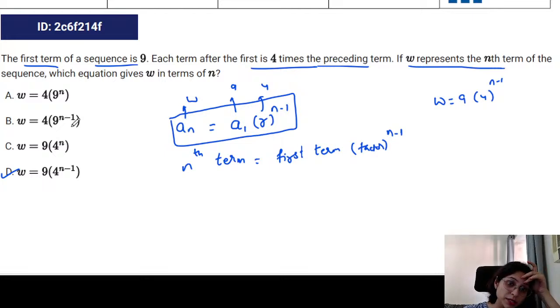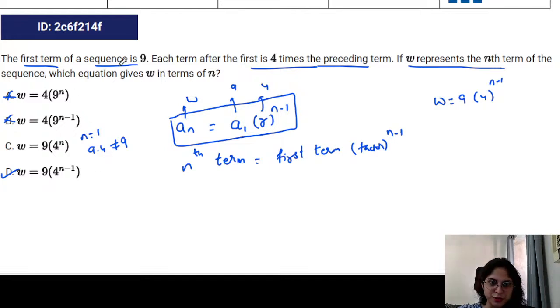But the problem is the first term is 9. So when you put n equal to 1, you are getting 9 times 4, that is 36, but you should get 9. That is why you have to subtract 1. So why will it not be n to the power 1? Because when you put n equal to 1, this is 9 times 4, and that is not equal to 9. That is not the first term.